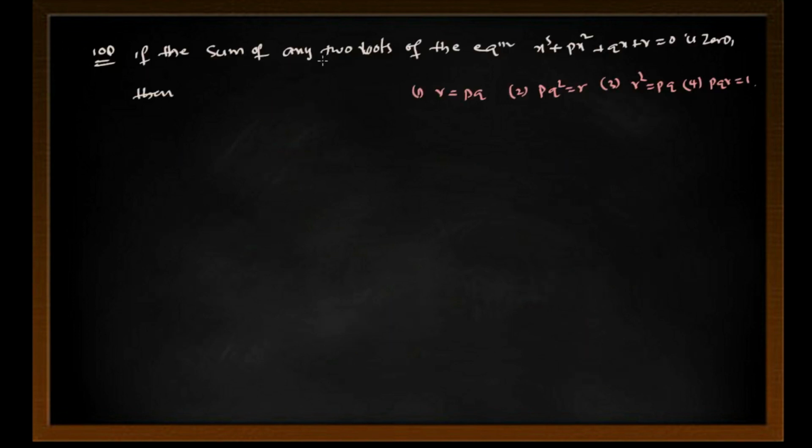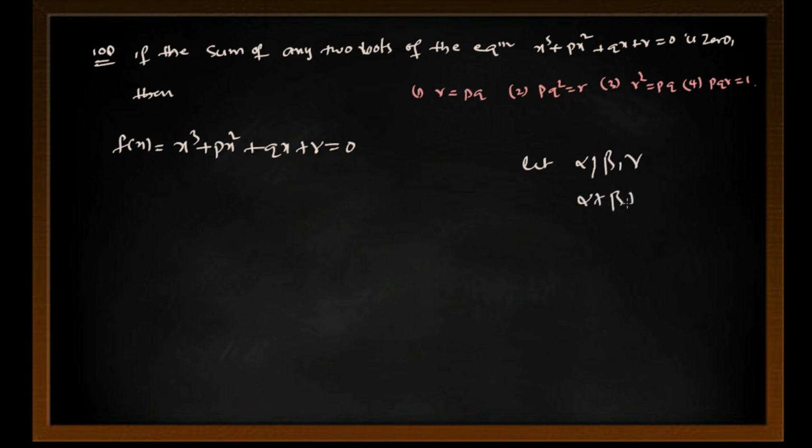Next, if the sum of any two roots of the equation is 0, then we have to find the relation between r and p, q. So first write down given f of x equals to x cube plus px square plus qx plus r equals to 0. So let the roots alpha, beta, gamma, and alpha plus beta plus gamma is sum of the roots using the formula of minus b by a, that is minus p.